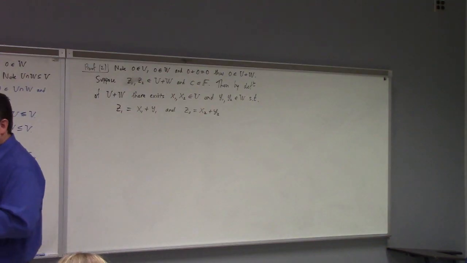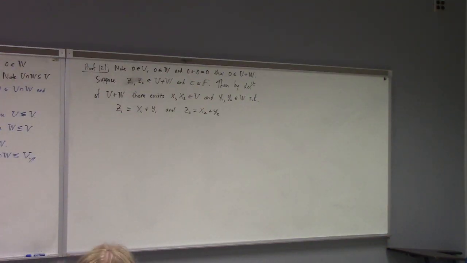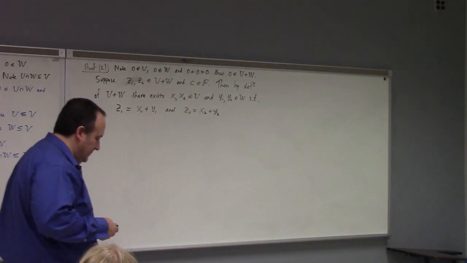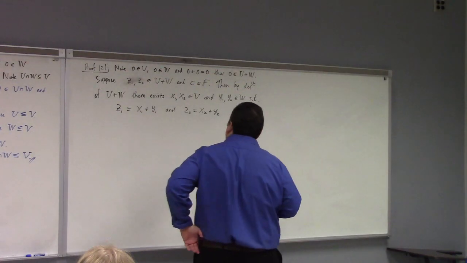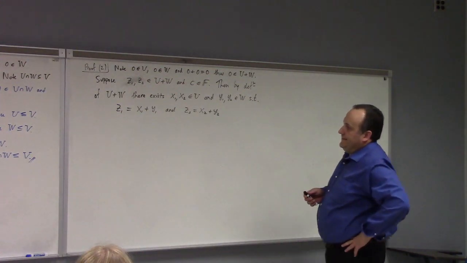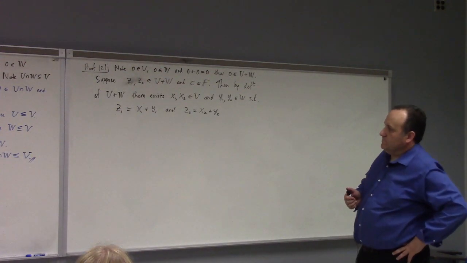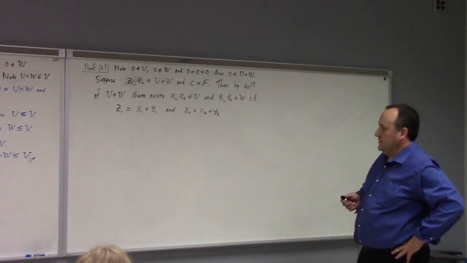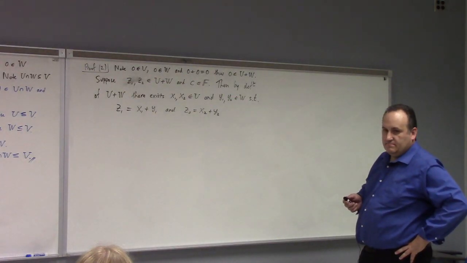Right? That's the definition of the sum of subspaces, that an arbitrary element in the sum can be written as a sum of elements in the subspaces being added. All right. So what do we want to do?